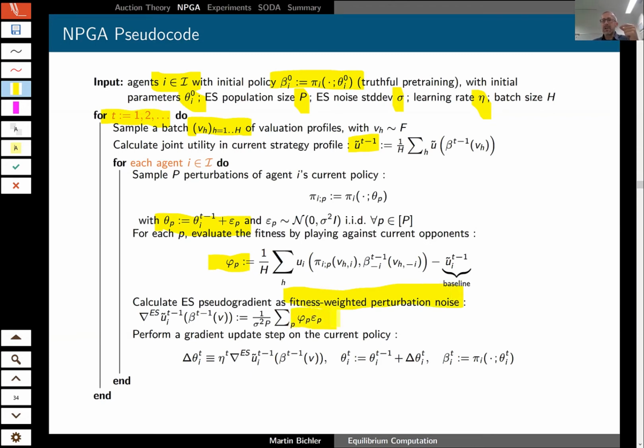That gives us a pseudo gradient for the expected utility, and here we draw on Salimans, an earlier paper that showed how to do that. We multiply this pseudo gradient by eta, the step width, which is what you typically do in gradient ascent, and add it to the last set of weights and biases of the neural network. That gives us our new neural network, our new bid function.